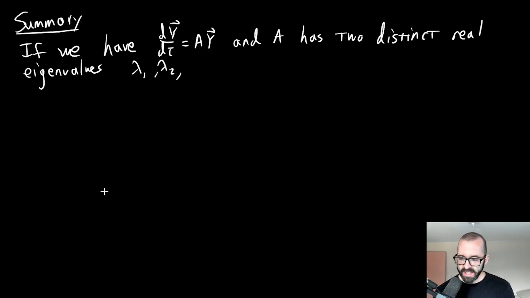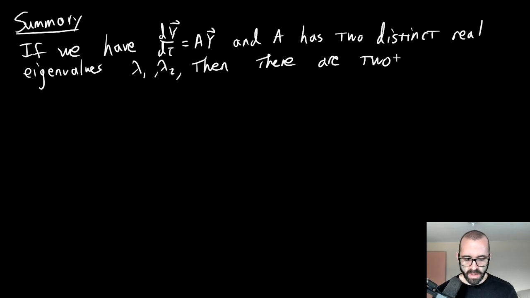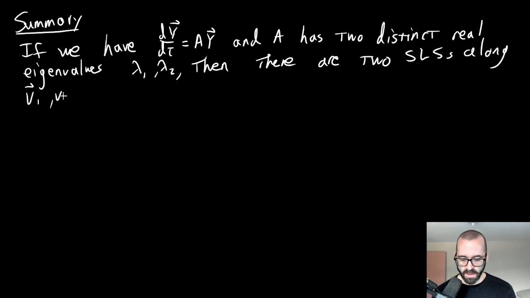All right, so if this is the case, then there are two straight line solutions along the eigenvectors. I should have written that they're eigenvectors. And specifically, the equilibrium (0, 0) is going to be one of these kinds of equilibria that we talked about.